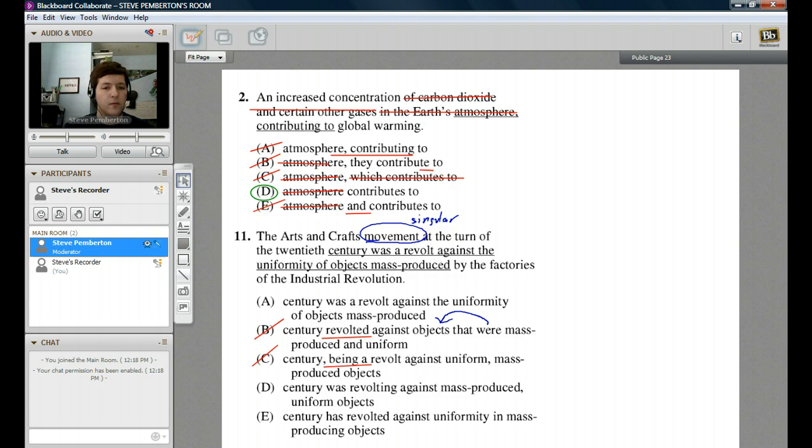Okay, A versus D. "The arts and crafts movement at the turn of the 20th century was revolting against mass-produced uniform objects." Again, it makes it sound like the movement is the thing doing the revolting, rather than the people in it. That little "was a revolt" is actually pretty important. "The arts and crafts movement at the turn of the 20th century has revolted against uniformity." The movement, again, has not been the one doing the revolting, so it's not E either. It has to be A.